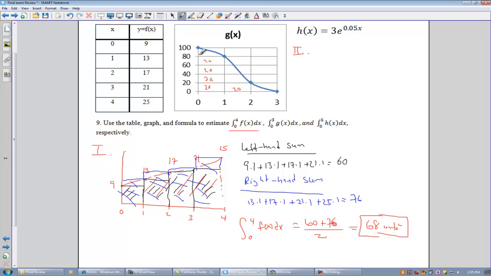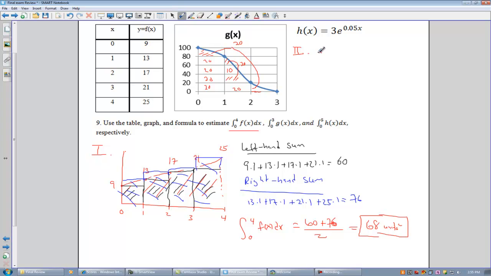This region here and here, I bet those two regions add up to 20. And if I put these two together, I bet those are also another 20. Then this one right here in the middle is about half of these little rectangles, so it's about 10.